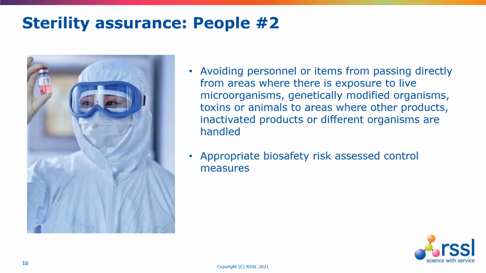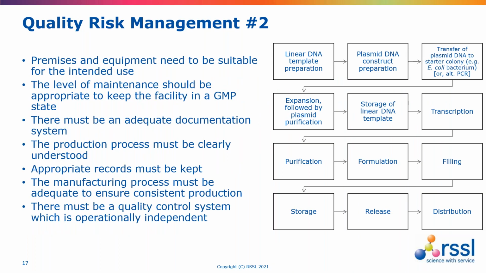clean room design and with good cleaning and disinfection practices as well. So this premises aspect also extends as well to other factors that are going to keep the facility in a GMP state.